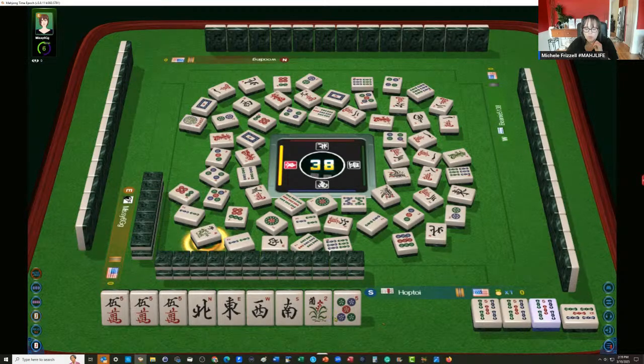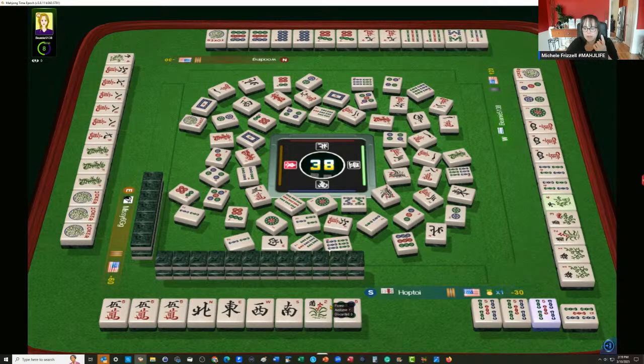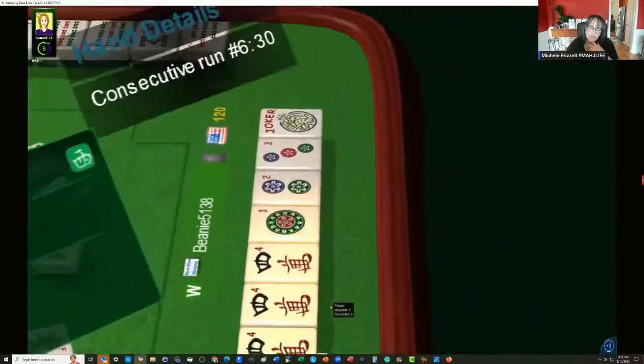Flower. Oh, there's the flower. Mahjong. Look, 998 pair hand right over there. Somebody won on a flower.